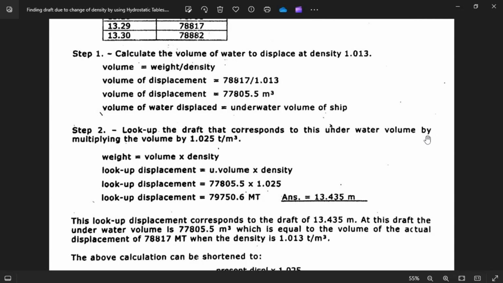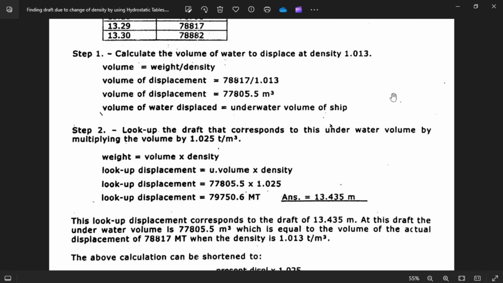It says here multiply the volume by 1.025, and you will have lookup displacement of 79750.6 or 79751, and the corresponding draft will be 13.435.